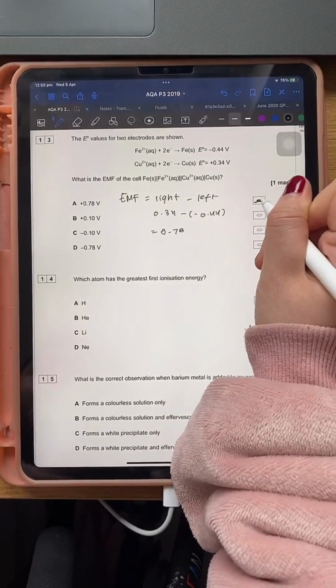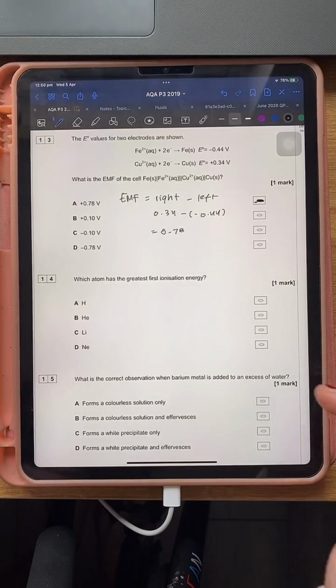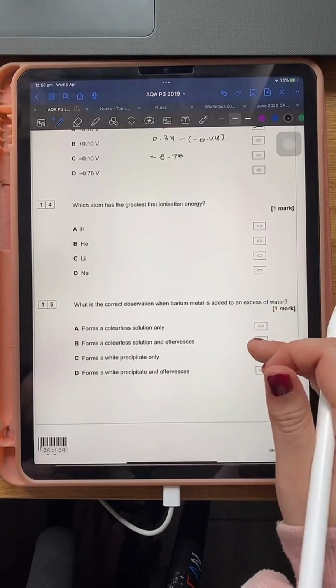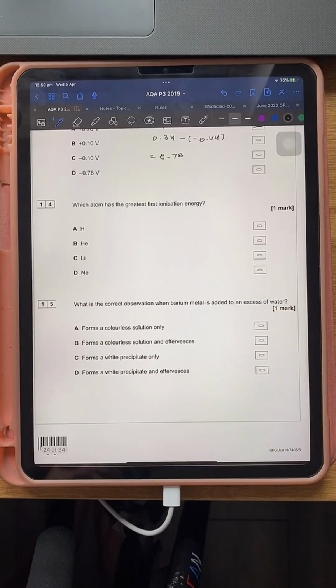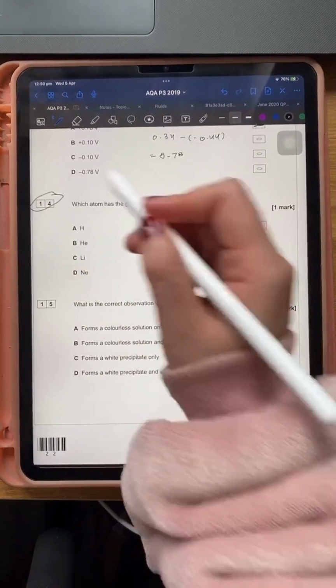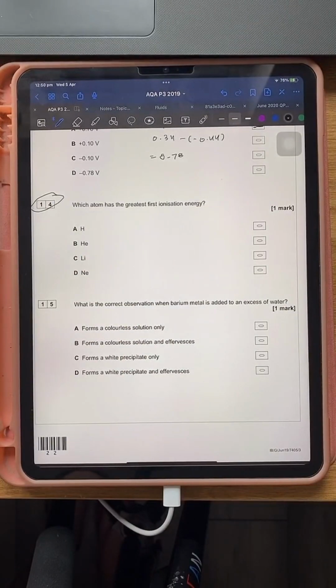Okay, the other two are pretty simple. I'd like you guys to answer 14. What would you say is the answer? B is correct.